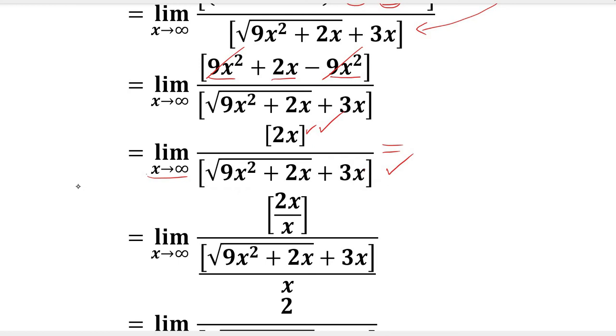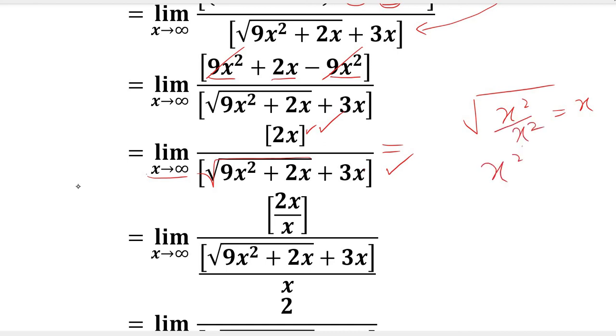Now, since we have a square root, if you divide by an x inside the square root, that becomes x squared.